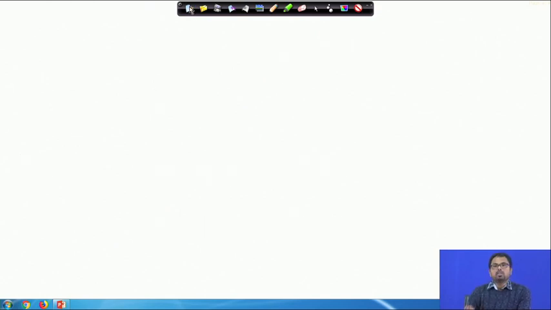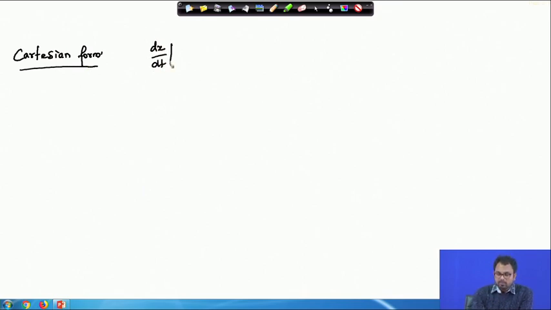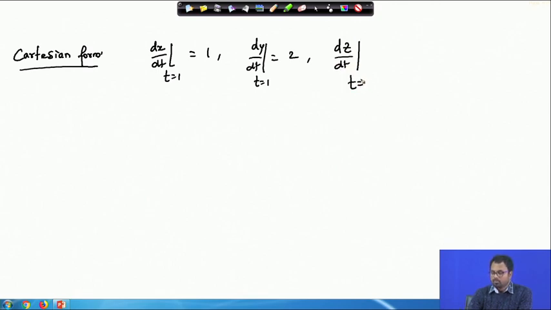Now, we can also calculate it in Cartesian form. In the Cartesian form, we have to substitute t equals 1 in dr/dt. Then dx/dt at t equals 1 would be 1, dy/dt at t equals 1 would be 2, and dz/dt at t equals 1 would be 3, right.